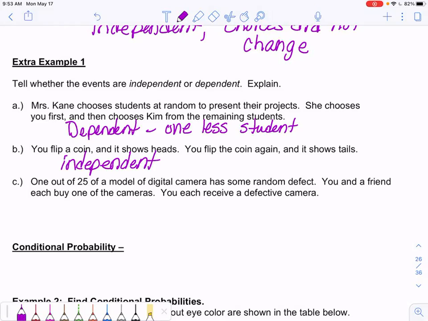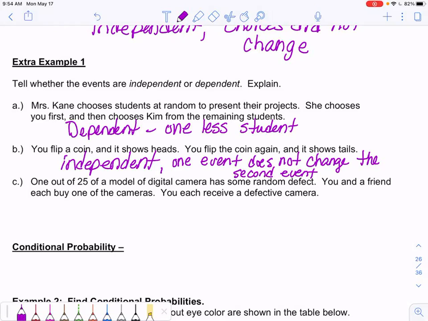So just because you get a heads doesn't force the fact that you're then going to get a tails. I'll just say one event does not change the second. The first time you flip the coin doesn't change what you're going to get the second time you flip the coin.